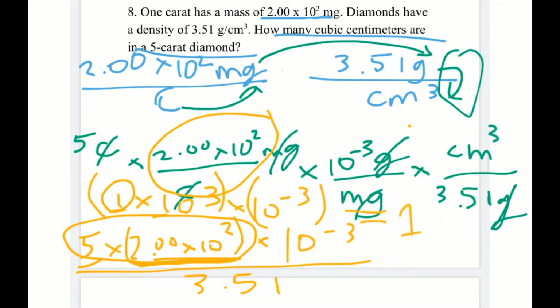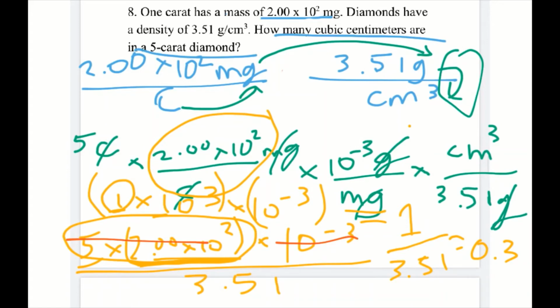And our last operation, after doing this operation and this operation, is to divide by 3.51. So 1 divided by 3.51 is equal to about 0.3. And I keep 1 sig fig because the top simplified to 1, which has 1 sig fig, and the bottom simplified to 3.51.